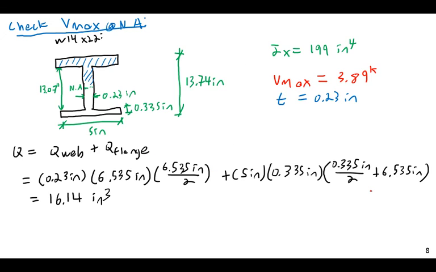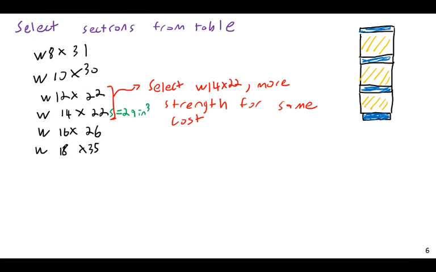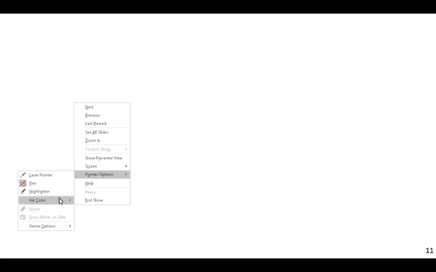Then here we have sigma x equals 12.25 ksi. Okay, for Mohr's circle, let's do Mohr's circle.